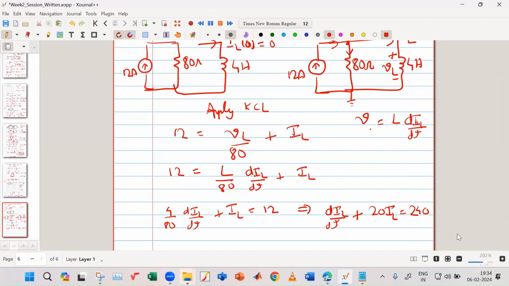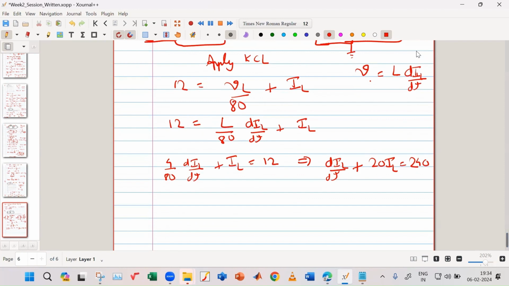Okay. So I have got a first order differential equation. This is of the form dy by dt plus py is equal to q. It is of this kind of format where q and p are either constants or just functions of t.